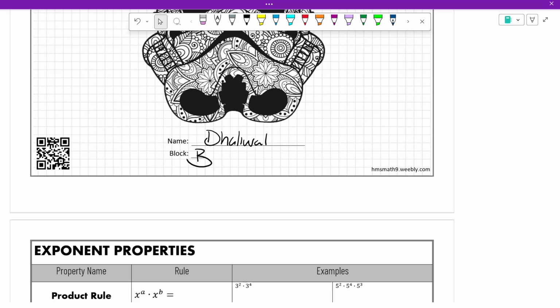By then, we're going to build something like this: a little summary note sheet that you get to bring into the final exam. You base everything off of your notes, your assignments, and stuff like that.